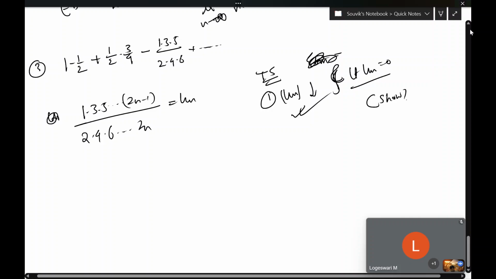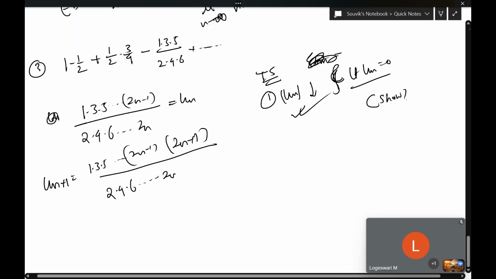Okay, so let me tell how to do it. Consider u_(n+1). This is 1 times 3 times 5 up to 2n minus 1, and 2n plus 1, by 2 times 4 times 6 up to 2n, into 2n plus 2. So what is u_(n+1) by u_n?